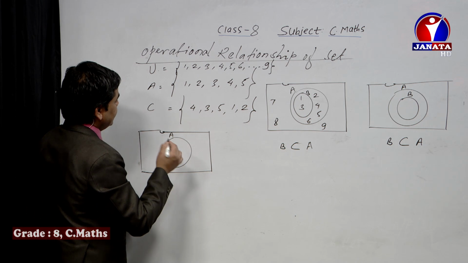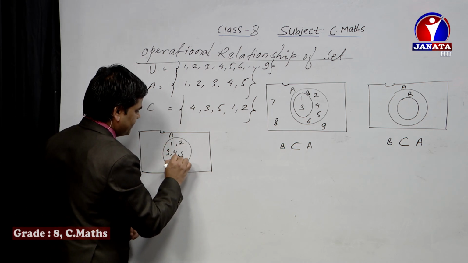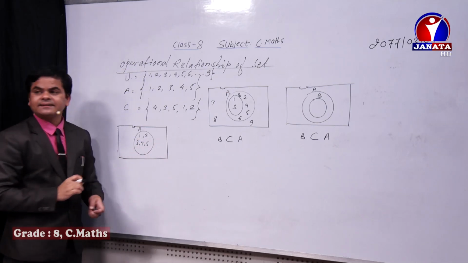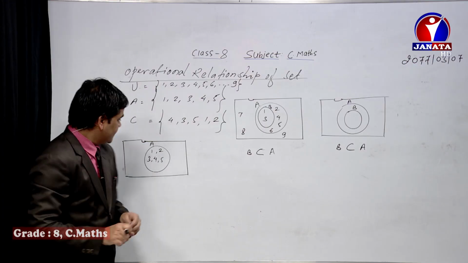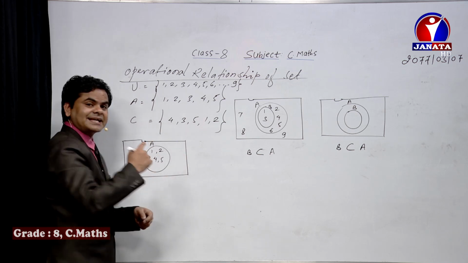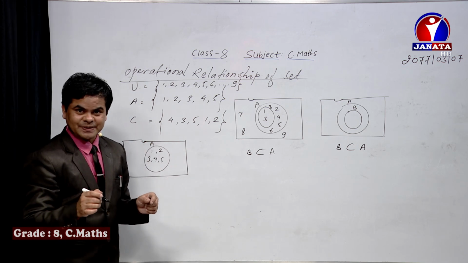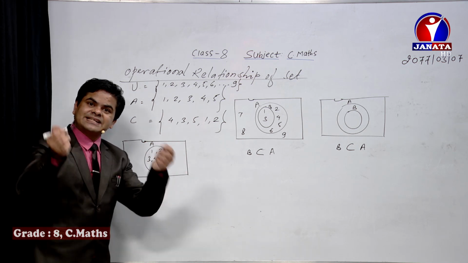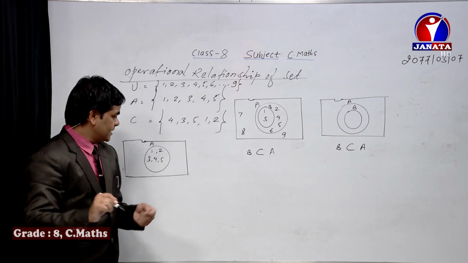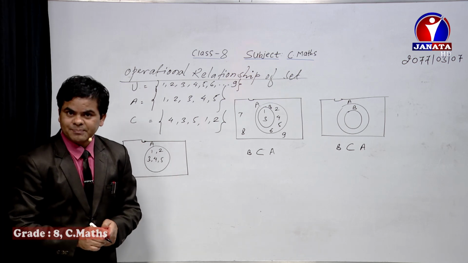So set A, let's keep the elements 1, 2, 3, 4, up to 5, isn't it? Now, if we want to keep the elements of set C inside the same Venn diagram, we cannot make another circle, dear students, because having the same center and the same radius, a concentric circle will be prepared.